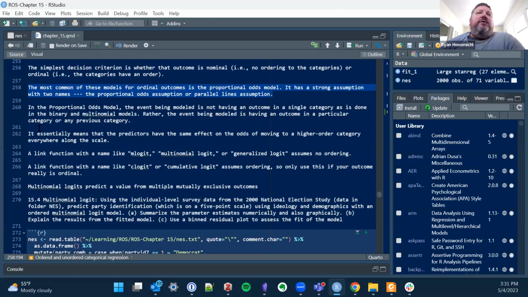So basically, we're asking whether the effects of all of the predictors are the same going from the lowest to the second lowest as going from the 4th to the 5th. So is the impact of the predictors the same across all aspects of the range of these ordered categories? Does that make sense? Because if not, then we can't really do this type of analysis. Maybe we have to collapse some categories.